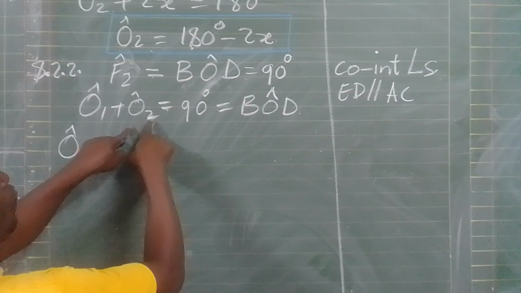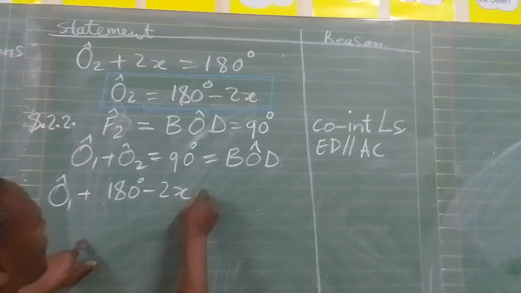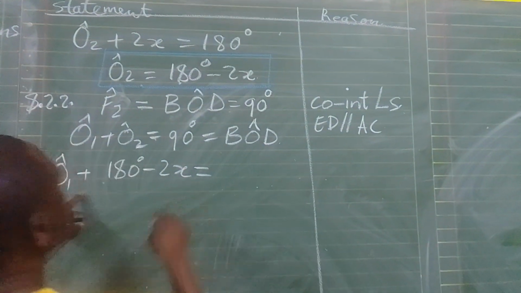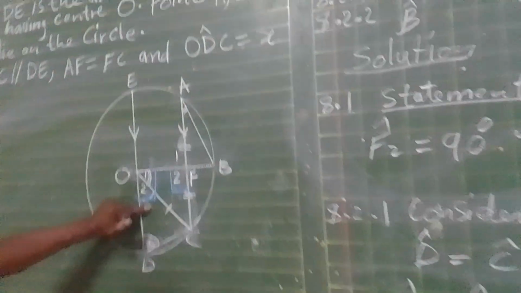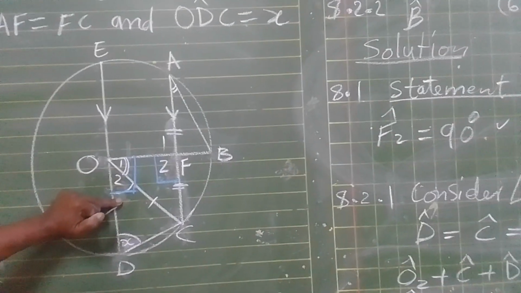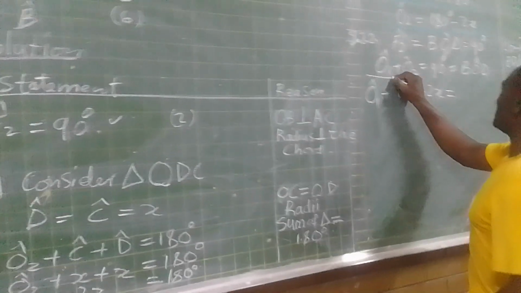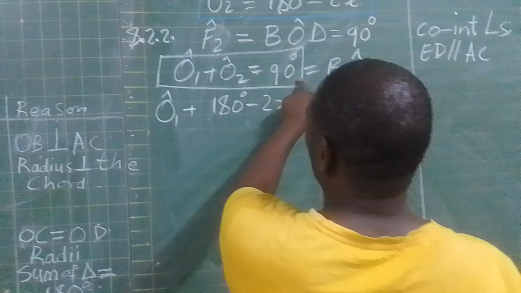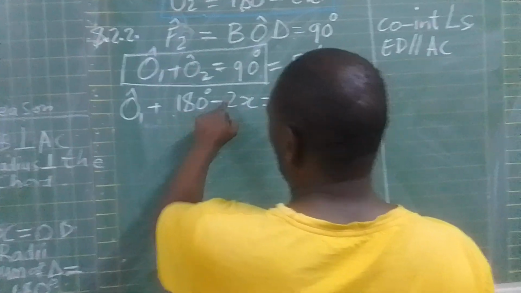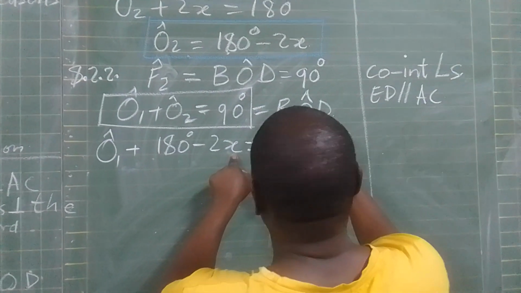O1 plus O2, 180 degrees minus 2x, is equal to 90 degrees. This is the statement that we just made. So O1 plus O2, which is 180 minus 2x, equals 90 degrees.